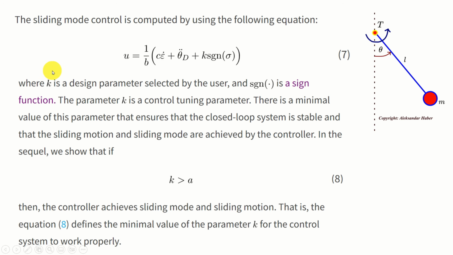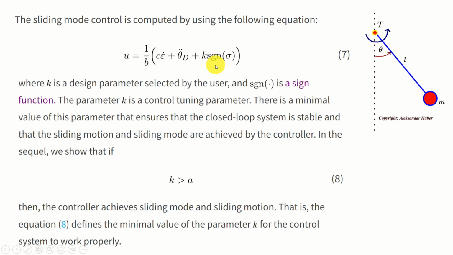The sliding mode control is computed by using this equation. In this equation, B is the model parameter, C is the parameter of the switching function, epsilon dot is the first derivative of epsilon, theta d double dot is the second derivative of the desired or the reference trajectory, K is a new parameter that is a control parameter and that should be selected by the user, and SGN is a notation for the sign function.